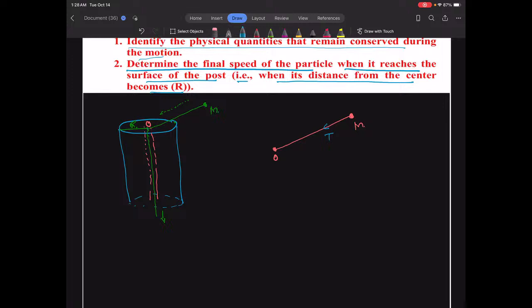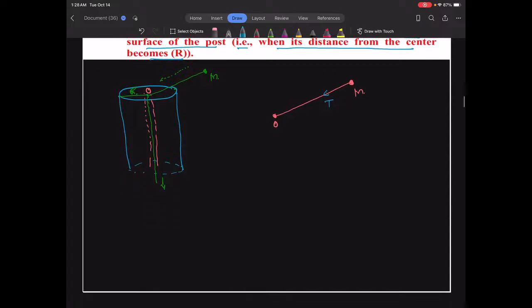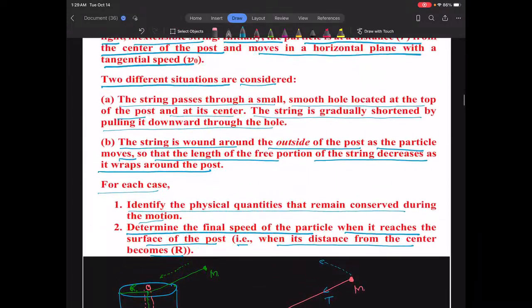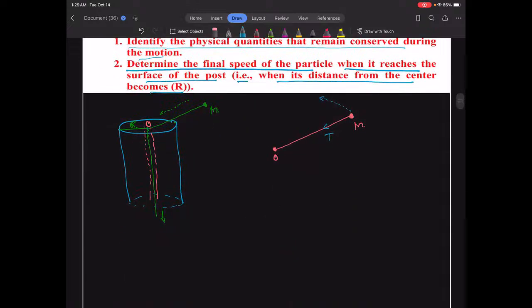And we are going to start with this because in the first case it is said to identify the quantities that remain conserved during the motion, and also it will be rotating like a circle, something like this, and its velocity is said to be given as v0, tangential velocity.